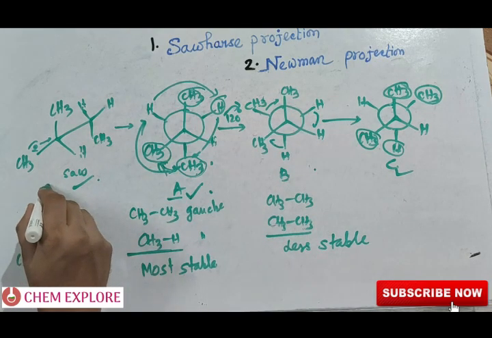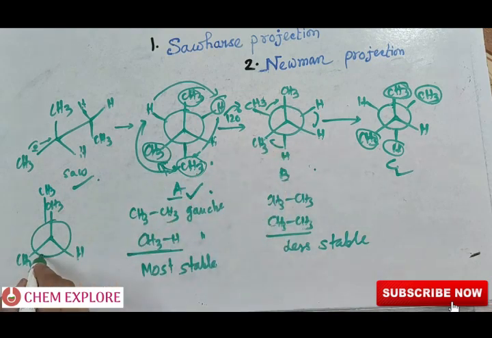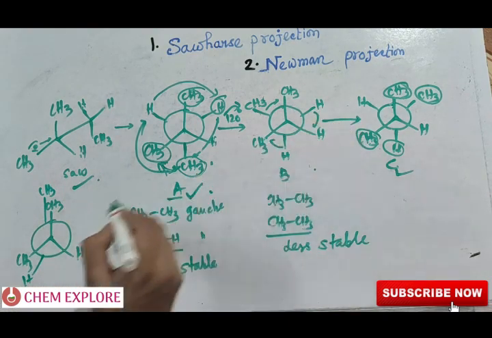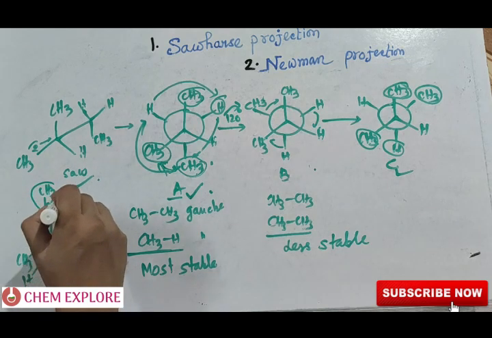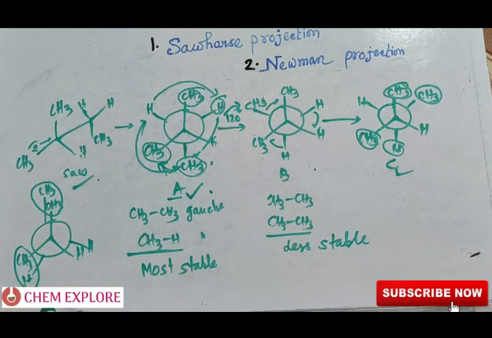This methyl will be there, and this hydrogen will come here, this hydrogen will go there. Now see, you have a huge interaction between these. So this is the least stable one.